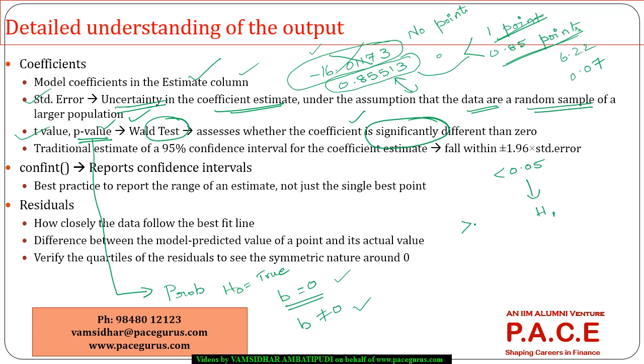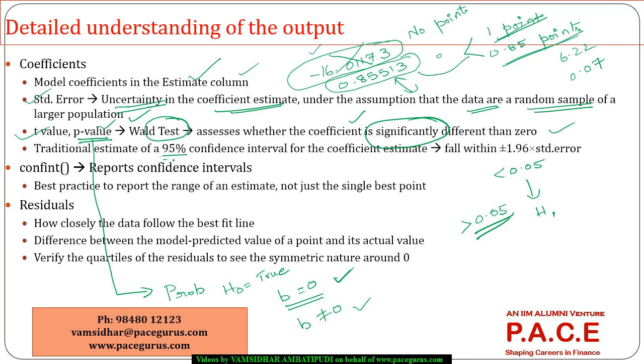But if the p value is greater than 0.05, then I will not reject the null hypothesis, which tells me that the coefficient is not significantly different from 0. This means that particular variable does not have any influence on the dependent variable.